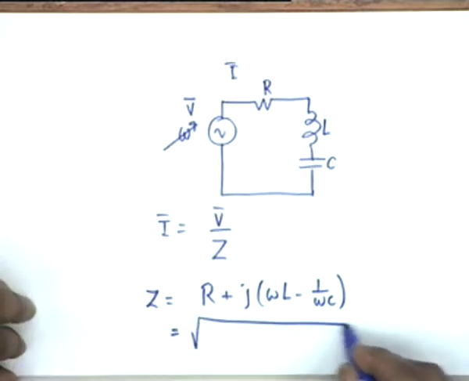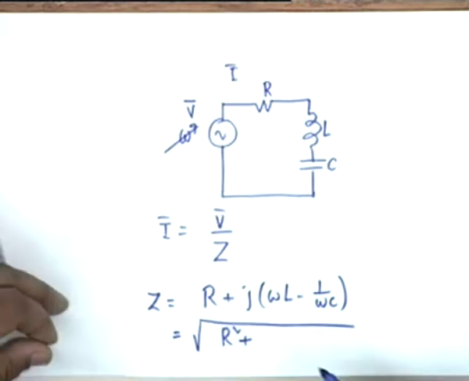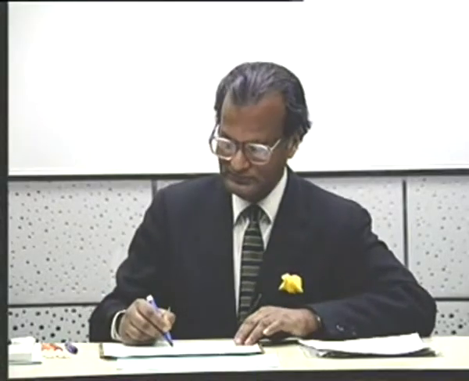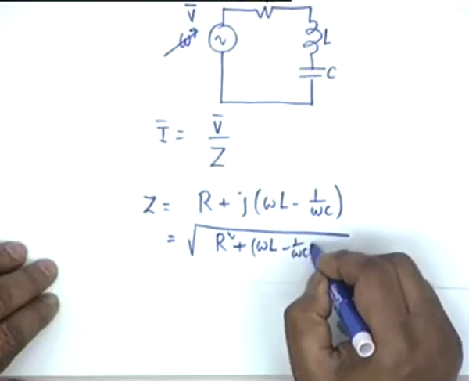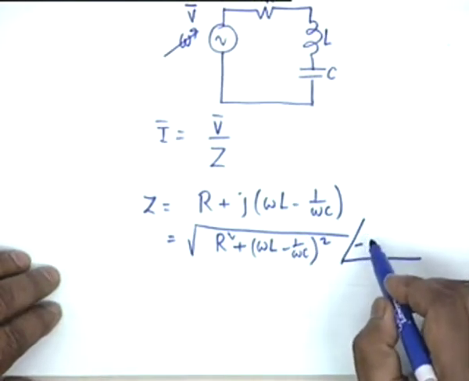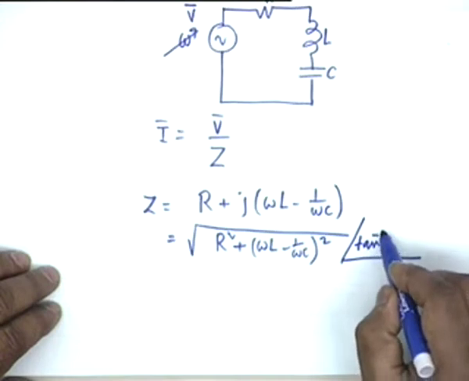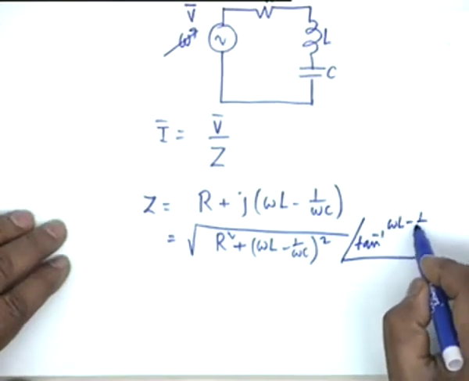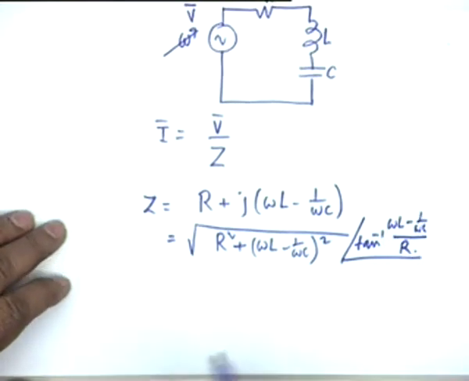The magnitude is square root of R squared plus omega L minus 1 by omega C whole squared, and the angle is tan inverse omega L minus 1 by omega C divided by R.